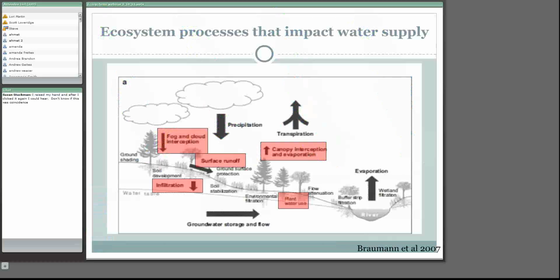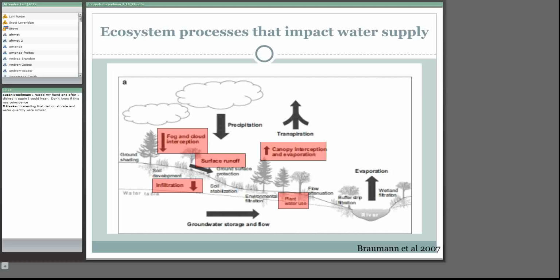In this graphic, we can see particularly the effect of ecosystem processes impacting water supply. If we look at fog and cloud interception, surface runoff, infiltration, canopy interception, and evaporation, and then we get down here to plant water use, we can see that in addition to plants using water, there are also other factors that are occurring, and so those are an important aspect to consider: the whole system, not just one part of it, but the whole ecosystem and how it's functioning.